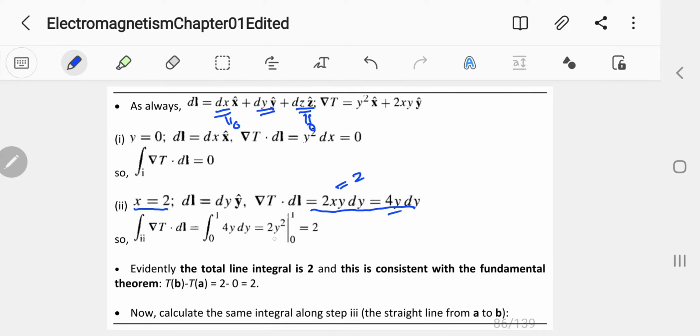So you will have the integral of y with respect to y, which is y squared over 2, so 4 divided by 2 would be 2, and so you will have 2 here. If you evaluate that, the total line integral is 2, and this is consistent with the fundamental theorem.